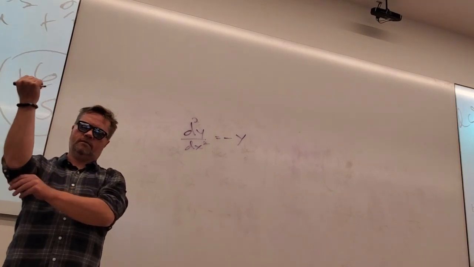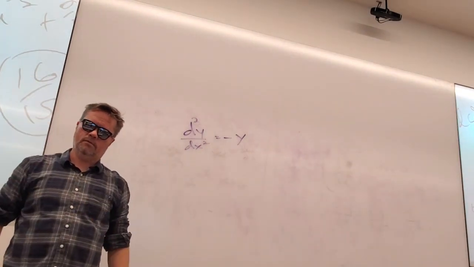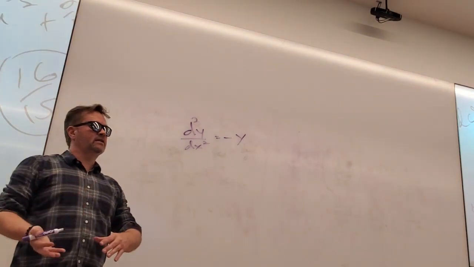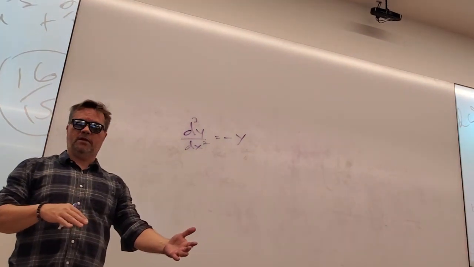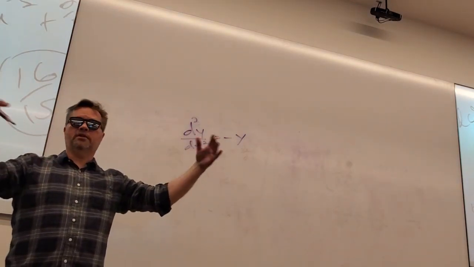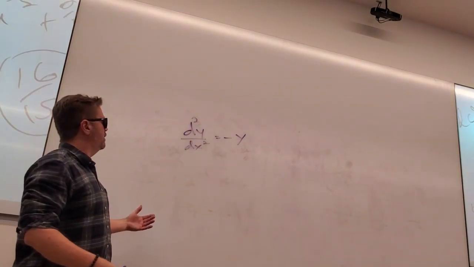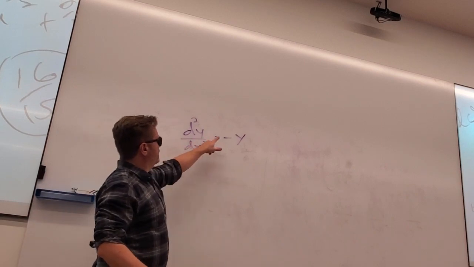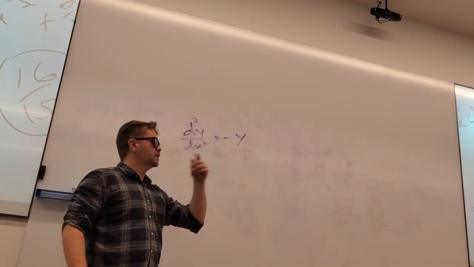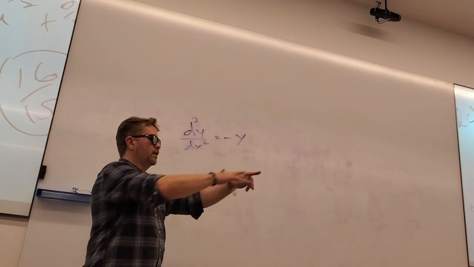Something whose second derivative is itself negative. Sure, but the second derivative has to be the opposite of what it was to begin with, right? So whenever you're given a differential equation, sometimes you can just read it in English. What function's second derivative is the opposite of what it was in the first place? Sine and cosine?